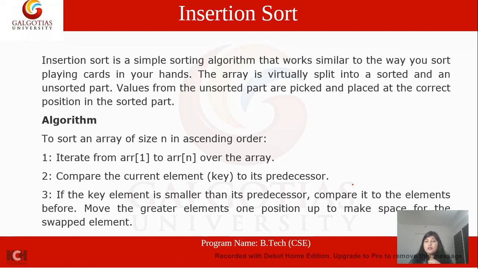Values from the unsorted part are picked and placed at the correct position in the sorted part. I hope if you have played with playing cards, you understand what I am trying to say: we pluck a card from one place and put it at a suitable location to make it sorted.